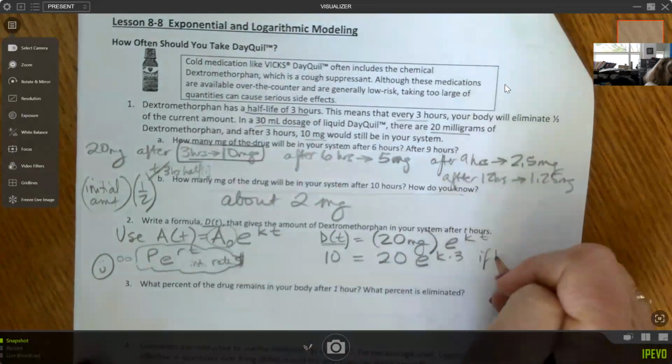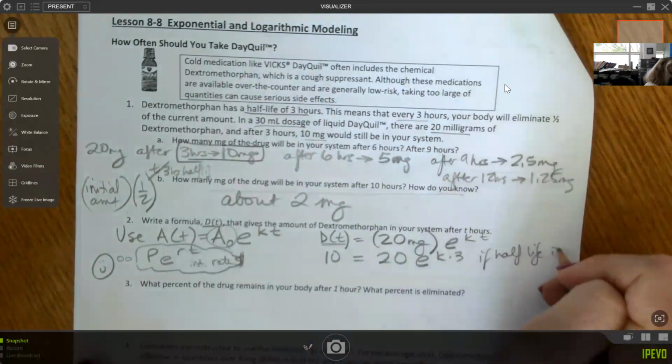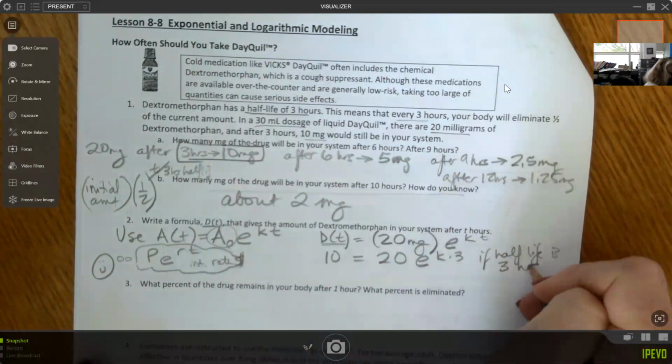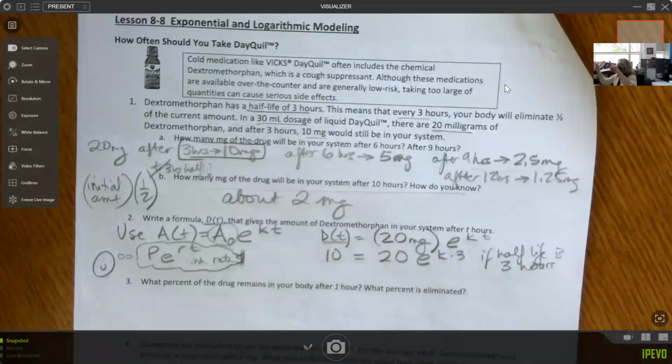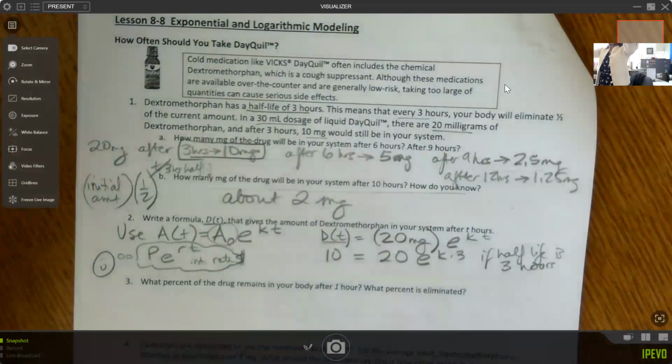If the half-life is 3 hours. So, okay, this is important that you can figure out what the k is if they tell you the half-life. This is a super common setup. They say the half-life is, and maybe it'll be 3 hours, maybe it'll be 18 months, maybe it's 100,000 years. I mean, depending on what we're talking about.